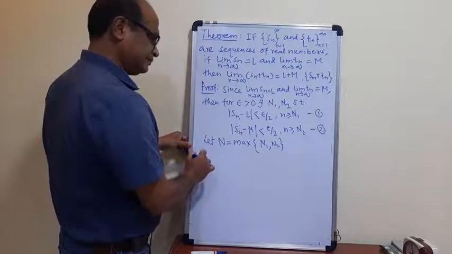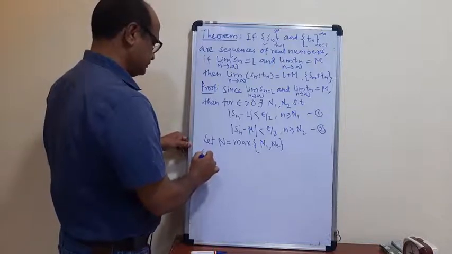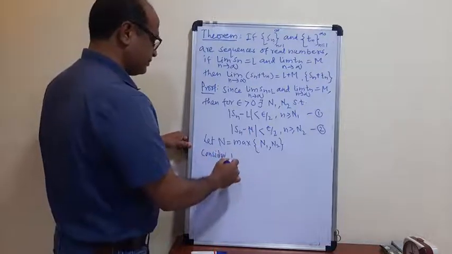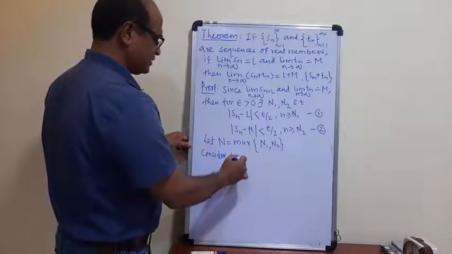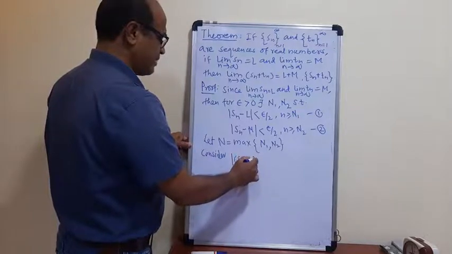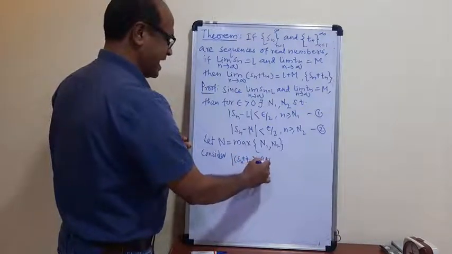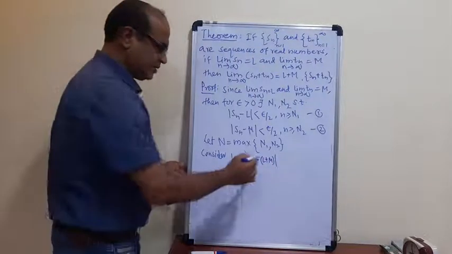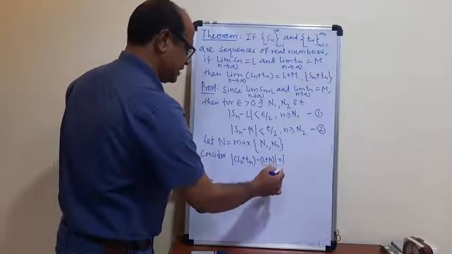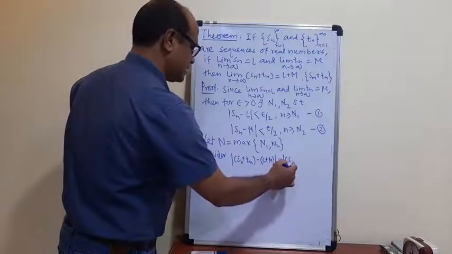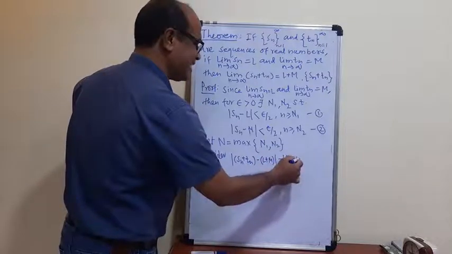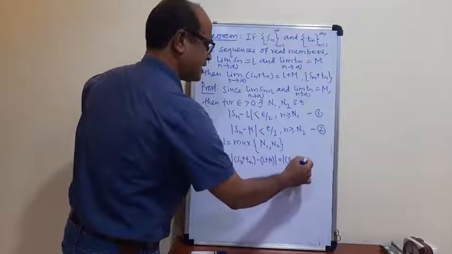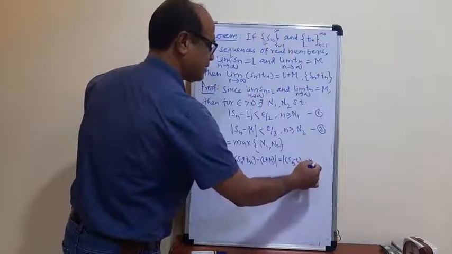Consider mod of Sn plus Tn minus L plus m. This can be written as Sn minus L plus Tn minus m.